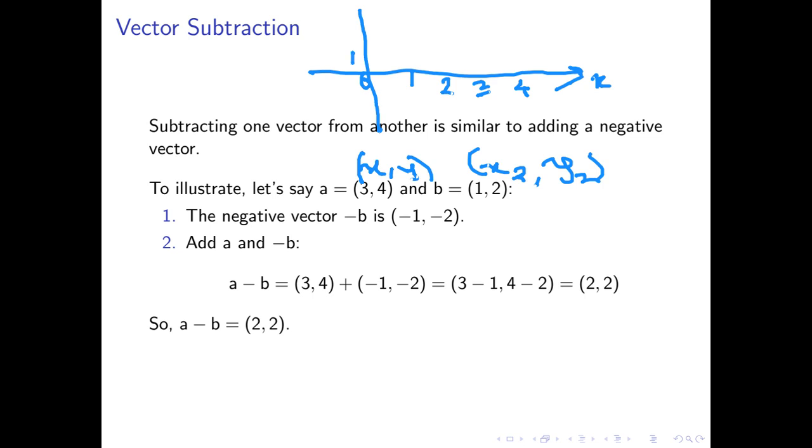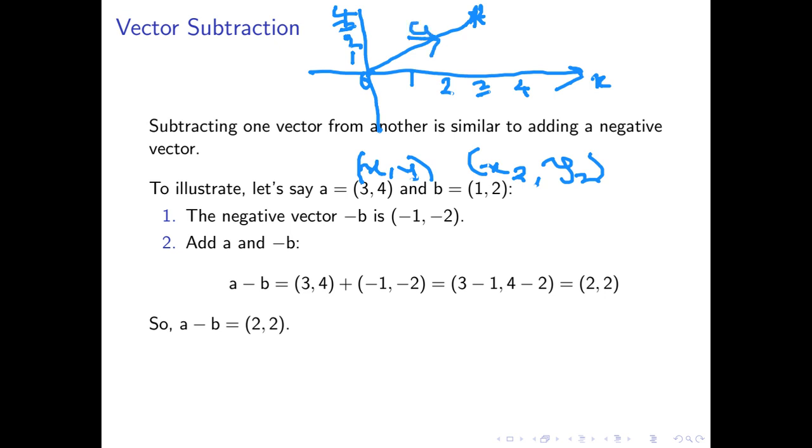Okay, so with these coordinates, let's draw vector A. We have 3, 4. That's 3 across and up to 4. So this is the point we're referring to, and our vector goes from the origin to it. So this is vector A.